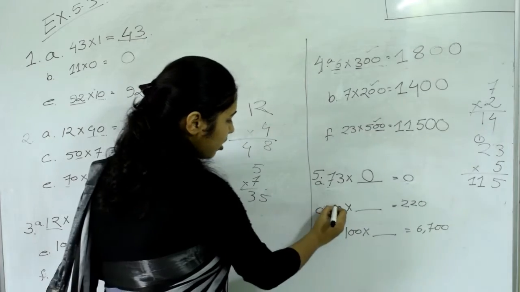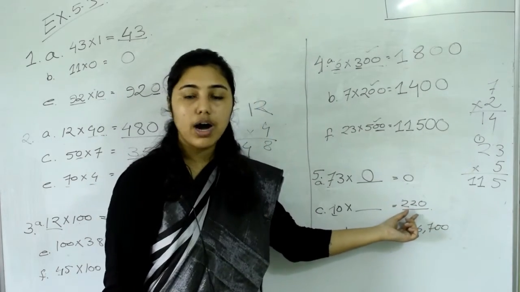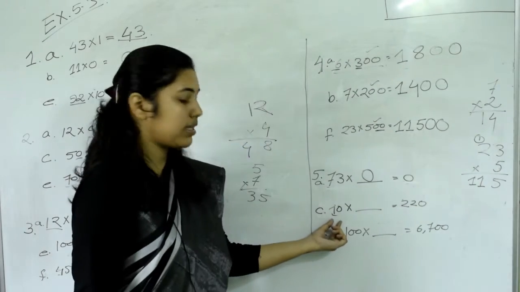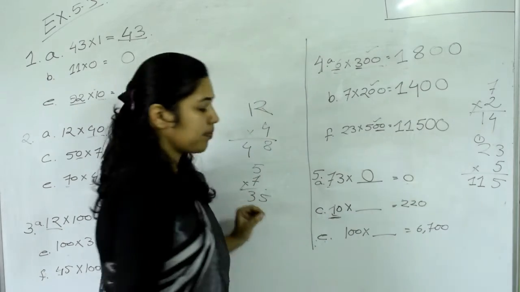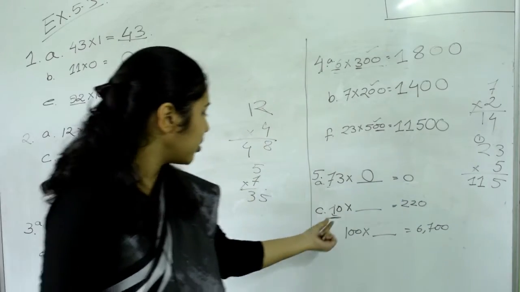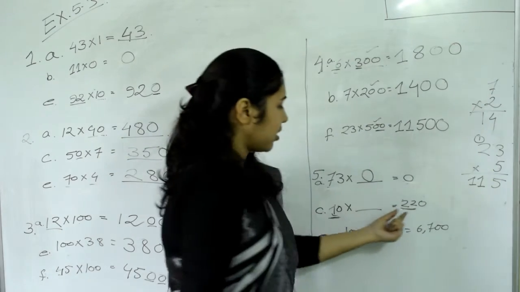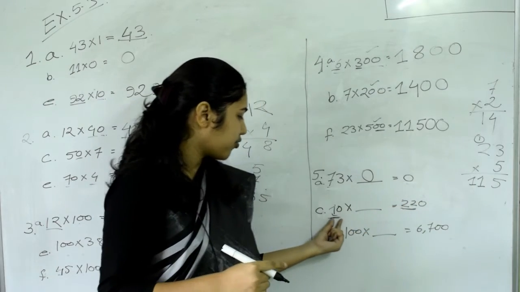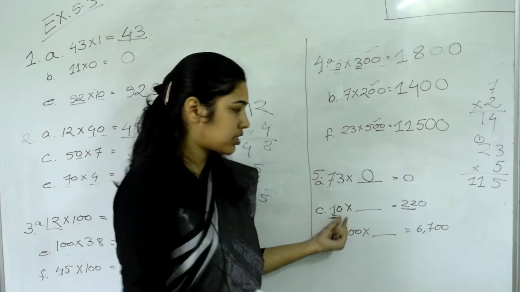Next, look at the product. Here our product is 220 and our multiplier is 10, right? Now we know that if we multiply any number with 10, first of all we get here the number and then 1 0 for 10 because in 10, 1 is followed by 1 0.